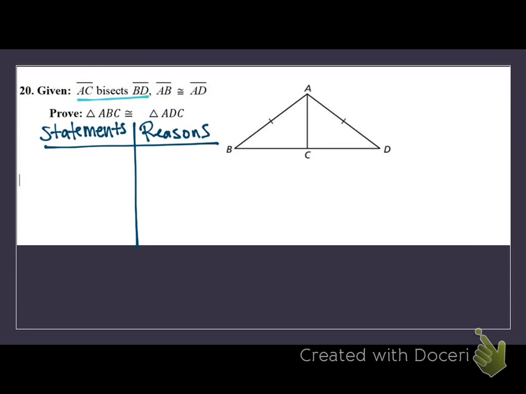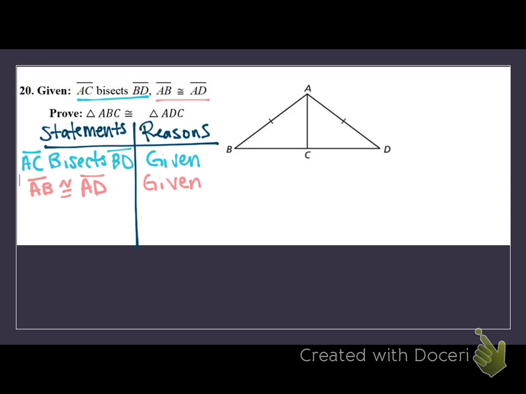We could start with our given. AC bisects BD. Segment AB is congruent to segment AD. Also given.